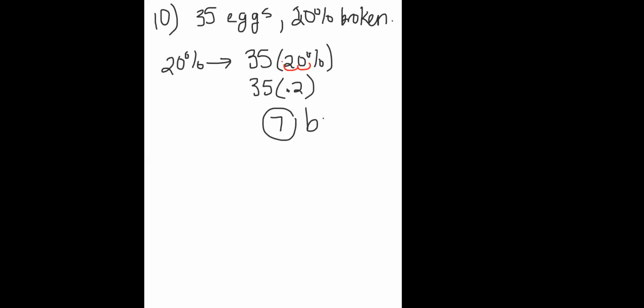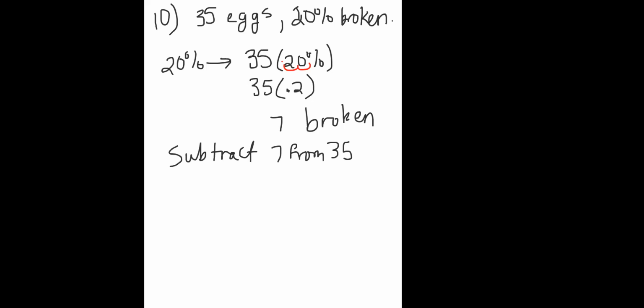So that's the amount of broken eggs. If you want to find how many are good, you would simply subtract 7 from 35. So that would give you 28. I guess we could say 28 good eggs.